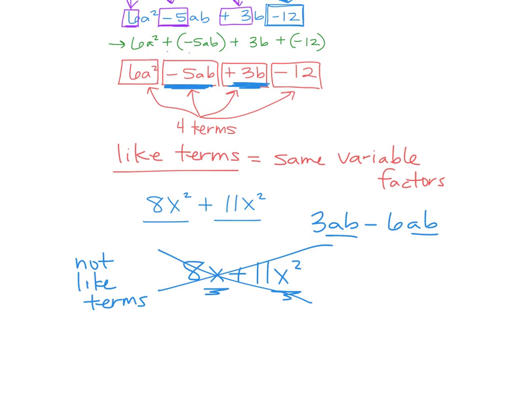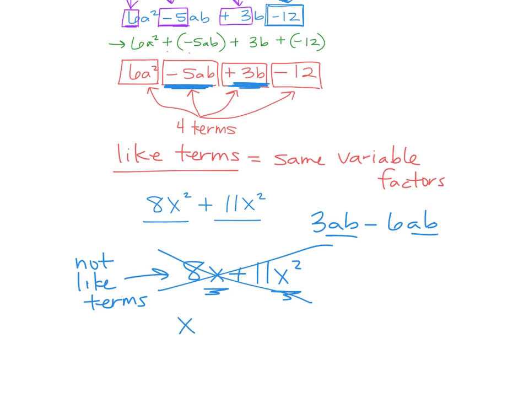Good observation. If it's not like terms, would it be a different answer? You just can't bring it together. If you have like terms, you can simplify further. If you don't have like terms, then it just stays as separate terms. So you just can't go as simple with it.